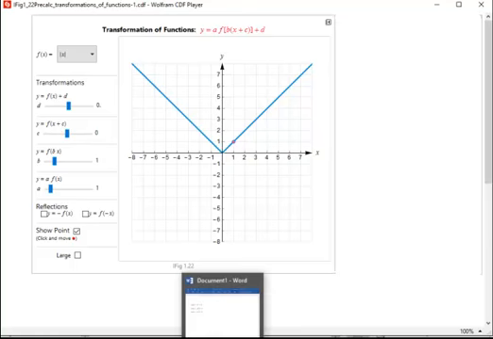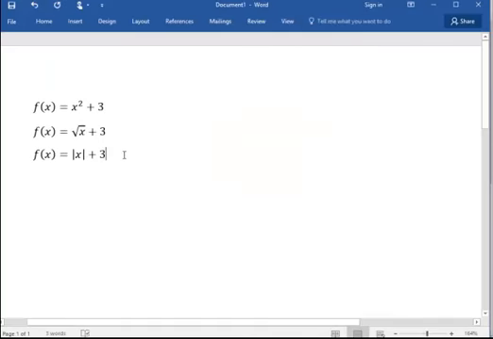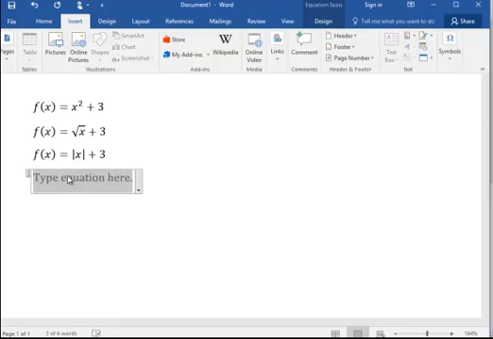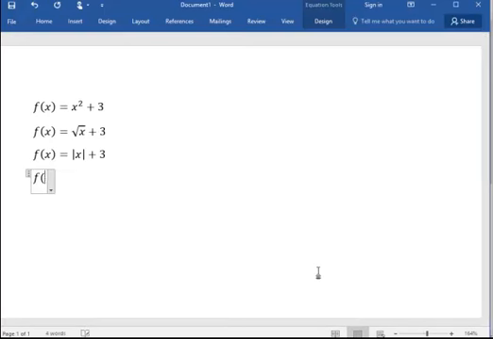For instance, c, in the absolute value graph that we have, would look like this. It would be the absolute value of x plus, let's just do a shift of 2. So the actual shift for this one is going to be inside the absolute value function.